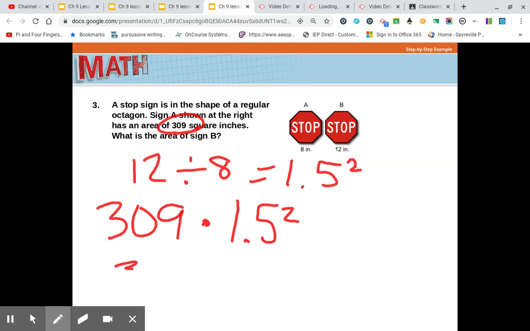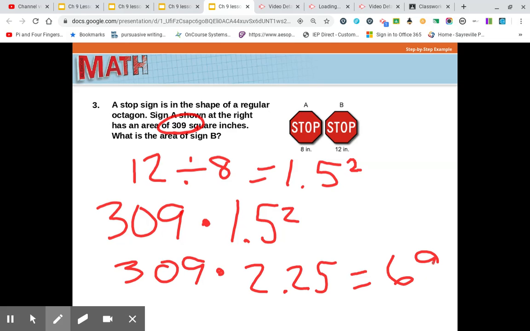So in your calculators, do 1.5 times 1.5. You're going to see that 309 times 2.25, this 2.25 is just 1.5 squared, and you're going to get your answer of 695.25 square inches. Sorry, it's so sloppy.